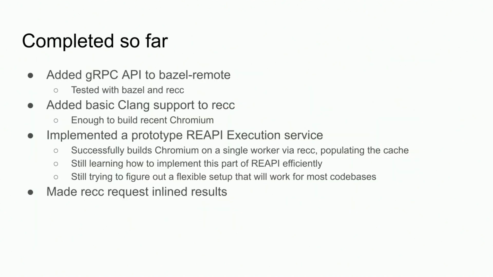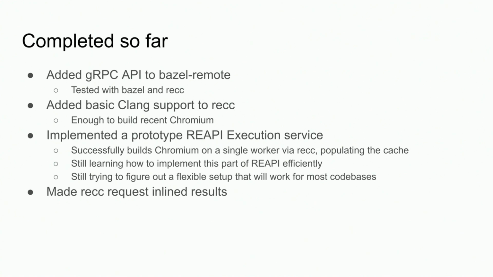So far I've made progress on the Bazel Remote Cache API. And I can build large projects using remote caching with Bazel Remote, tested with Bazel and also with rec. I've added basic Clang support to rec since we need that to work to build Chromium, which is going to be my test case. I haven't tested building all of Chromium, but I can build a useful subset.